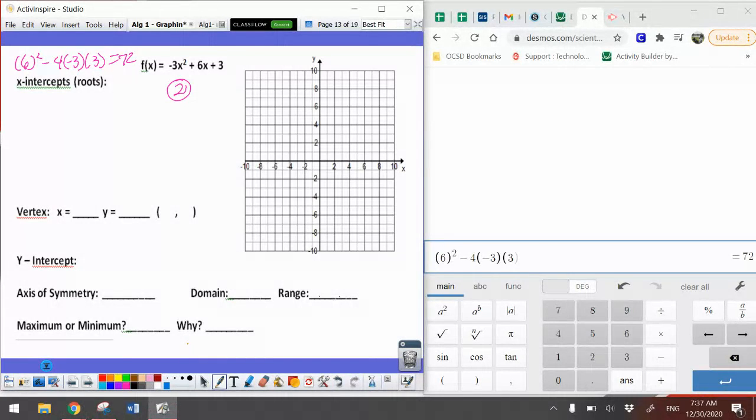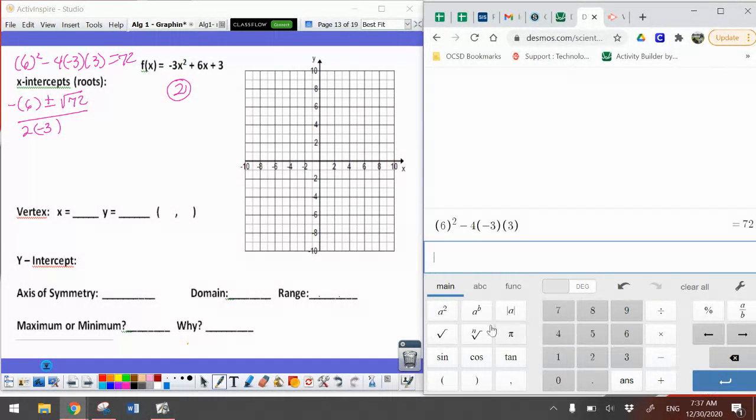That means I'm going to have 2 roots. And let's go ahead and find them. So negative b plus or minus, I got to put my square root of 72 in there, over 2a, so negative 3 and my 6. Well, the square root of 72 is 8.5.